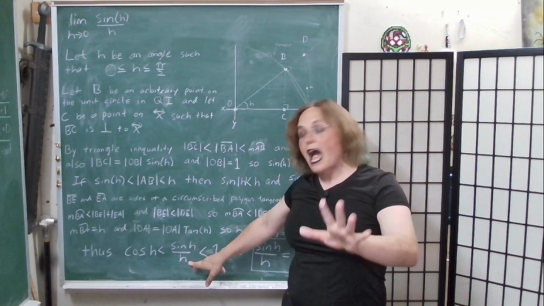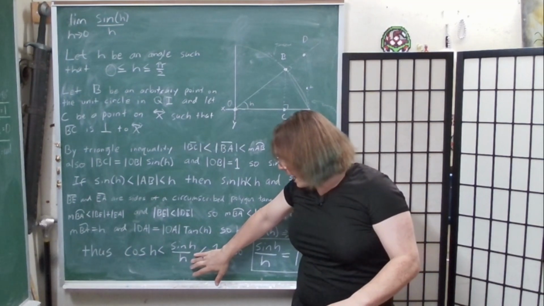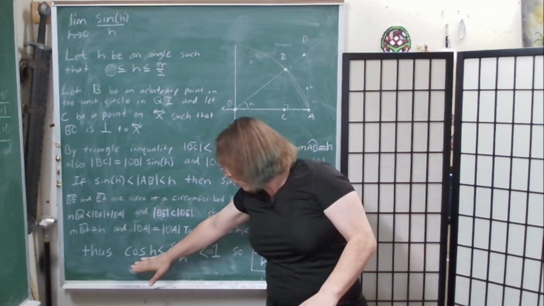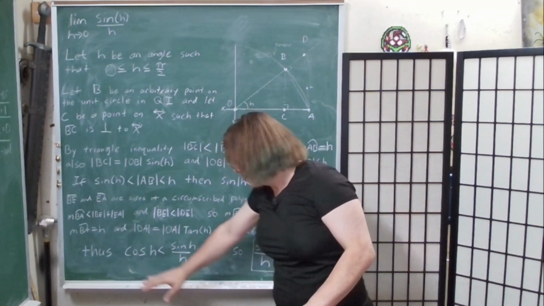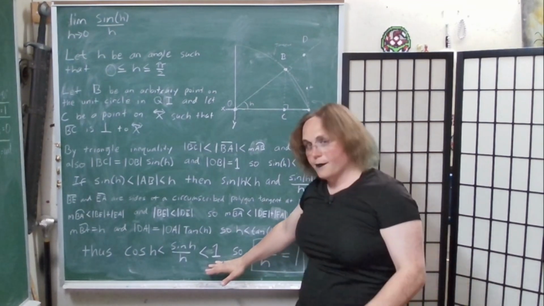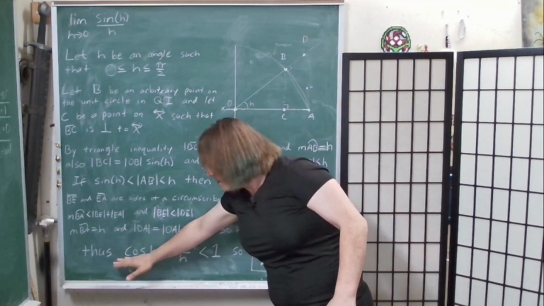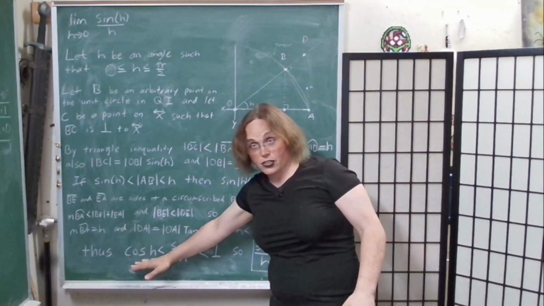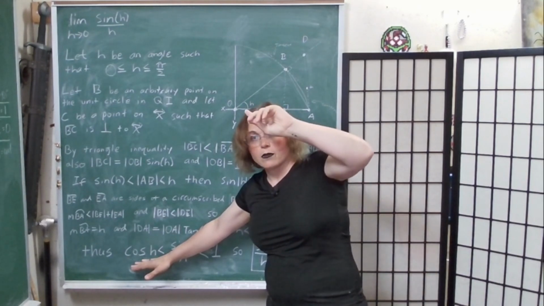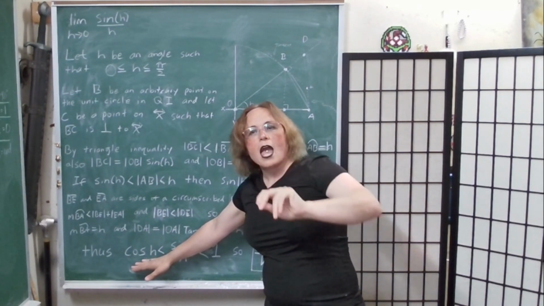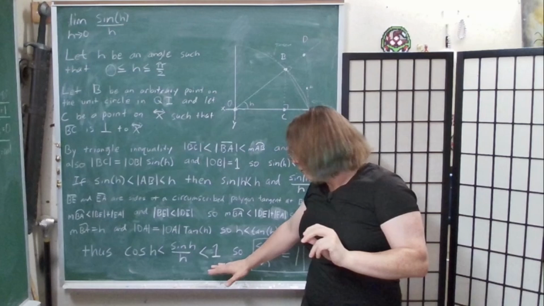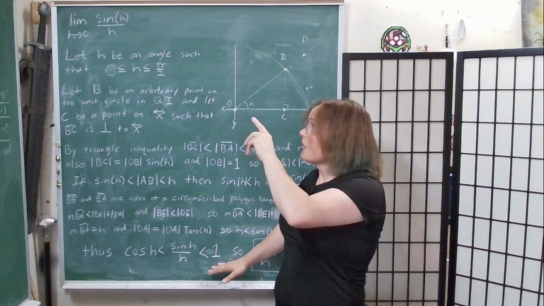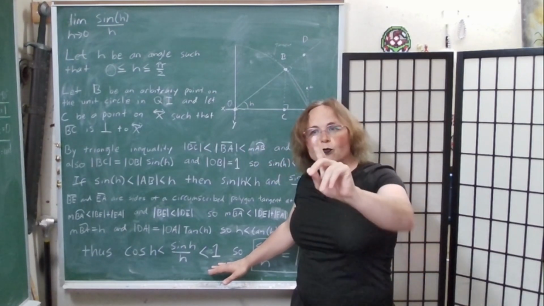So now we have the sine of H divided by H is greater than the cosine of H, but is less than 1. And if we take the limit of the cosine of H as it approaches 0, that approaches 1. And if we take the limit of the function 1 as H approaches 0, that's 1.